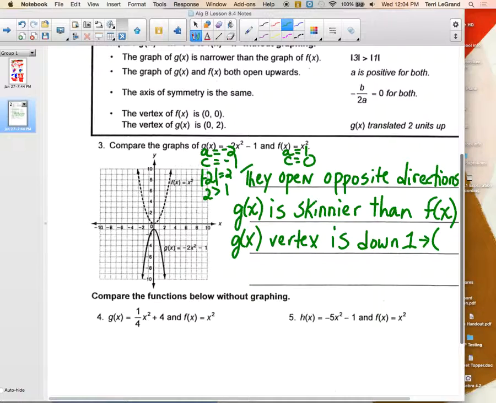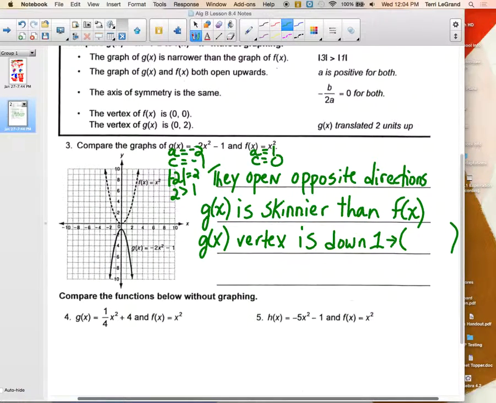And so what is that ordered pair name? 0, negative 1. So the g of x vertex moved down from the f of x one, it moved down 1. So instead of being at 0, 0, it's at 0, negative 1. Okay, so the vertex moved.